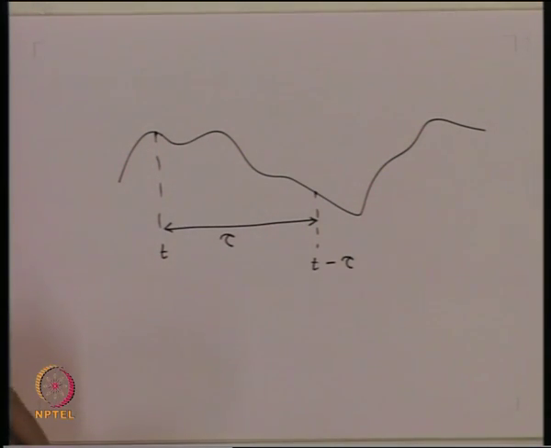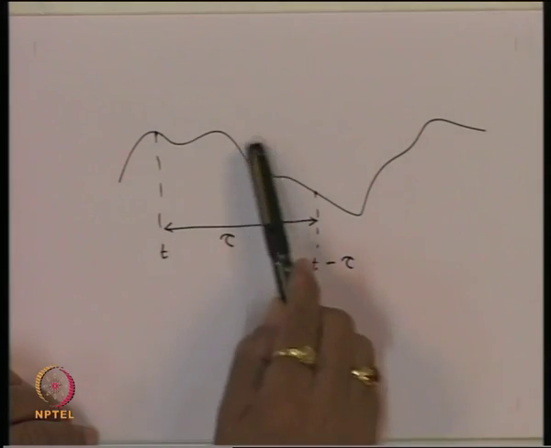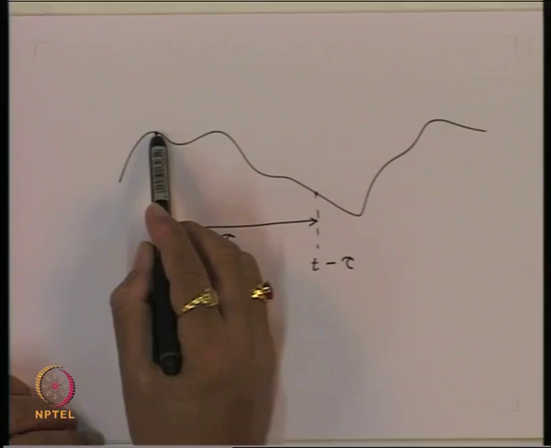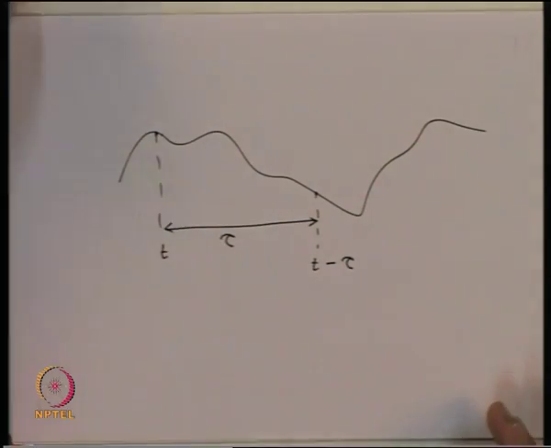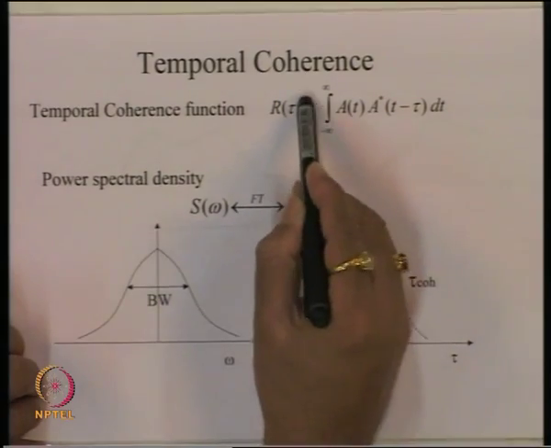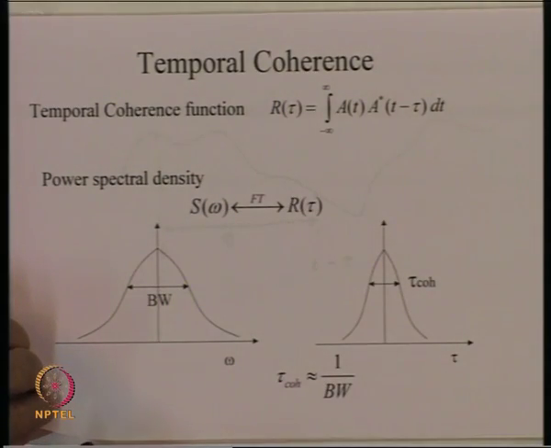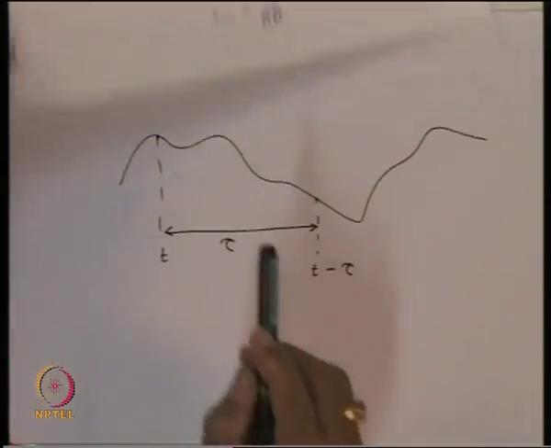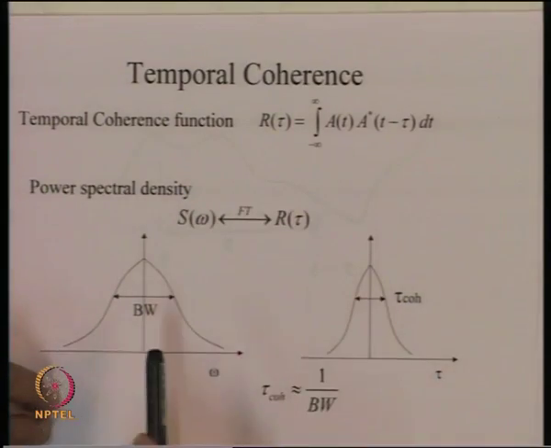So, what we find is that if we consider a typical signal which is varying like this, if tau is very, very small, then the correlation is large, that means the value of this R of tau is large, whereas as the tau increases, this quantity, the correlation, decreases.